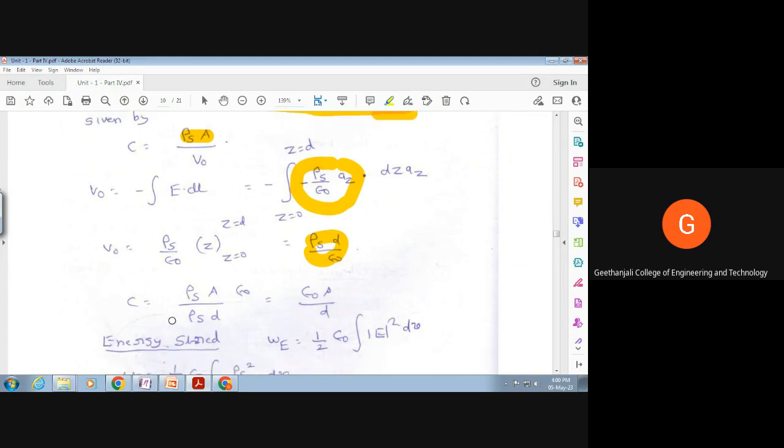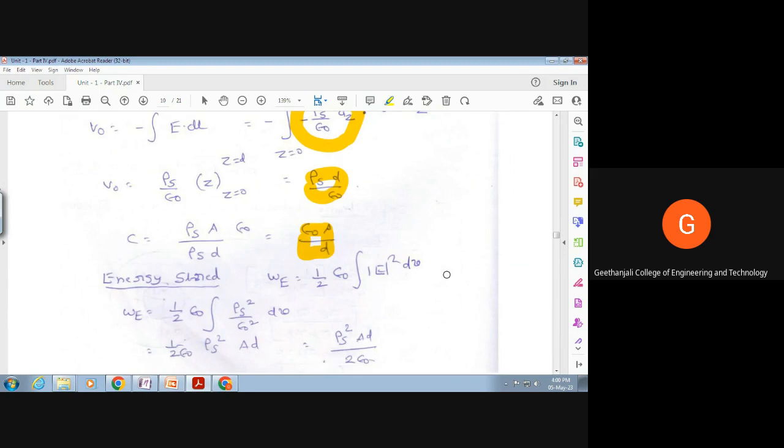So the capacitance of a parallel plate capacitor is equal to rho S into A into epsilon naught divided by rho S into D. So epsilon naught into A by D.